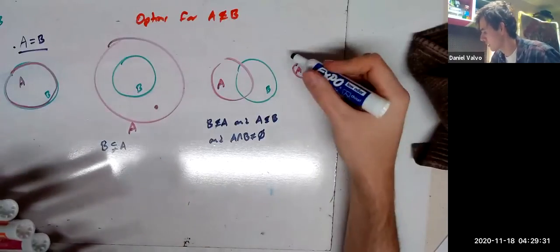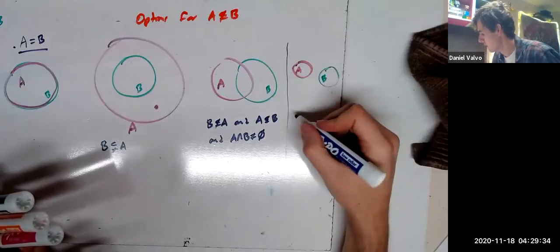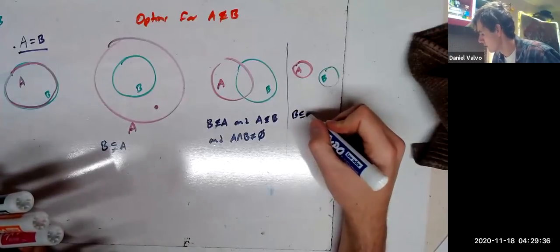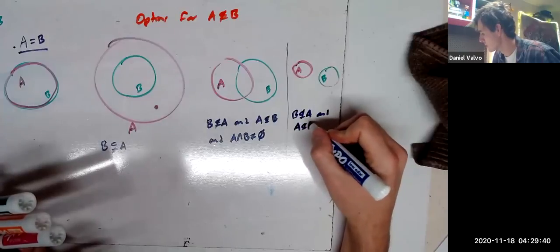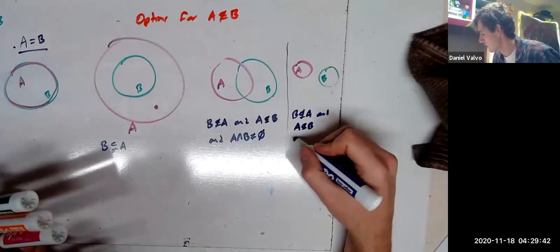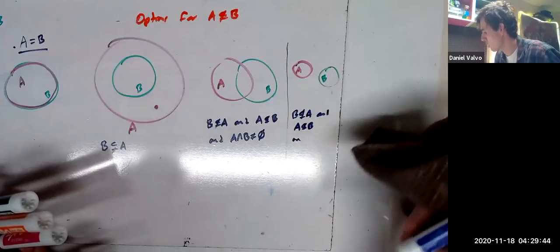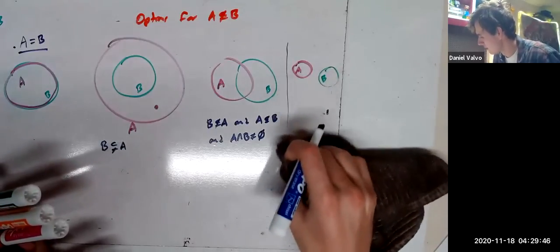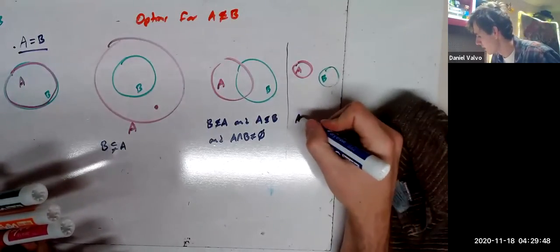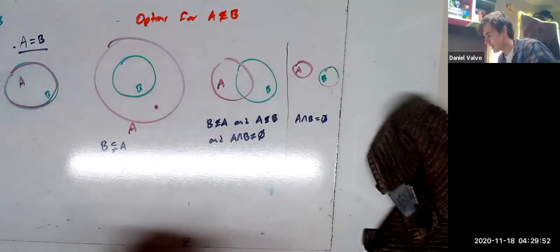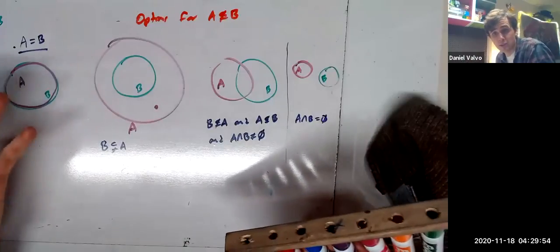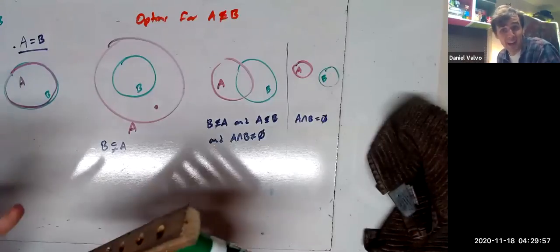Clearly here, B is not a subset of A, and A is not a subset of B. But more importantly, A intersect B is the empty set, which means there's just no intersections between A and B. Nothing's in both A and B at the same time.